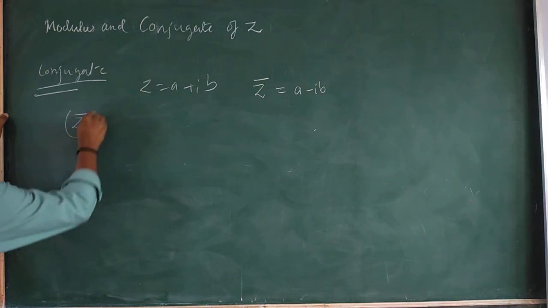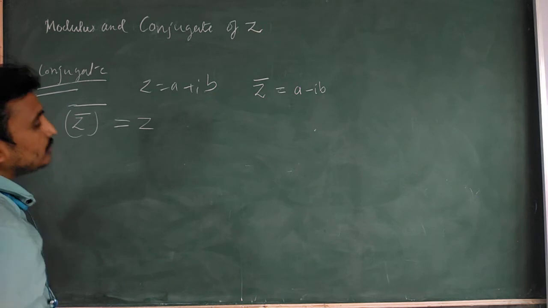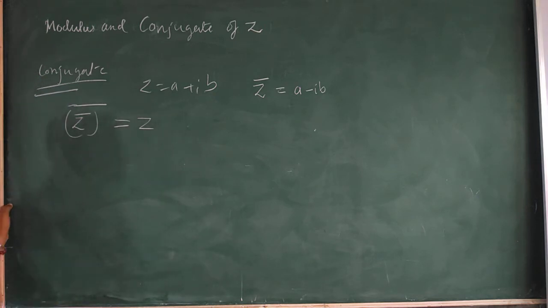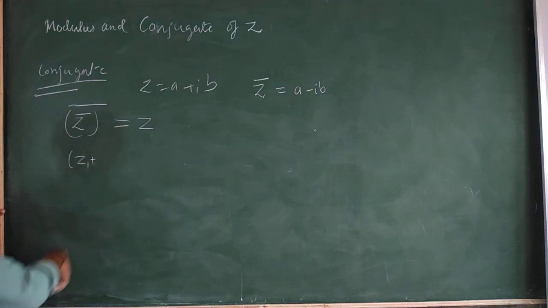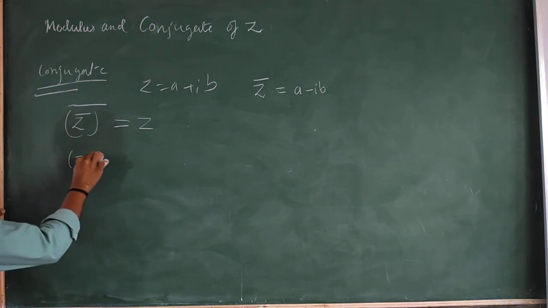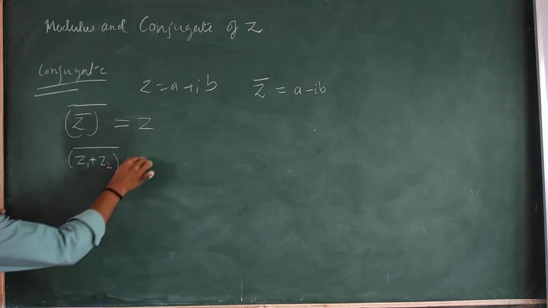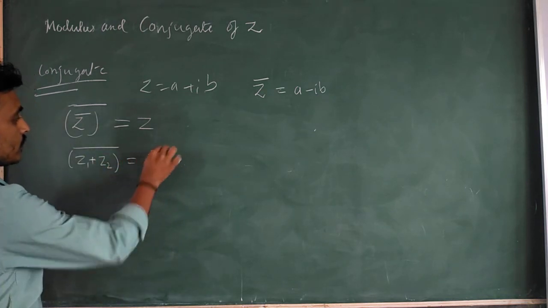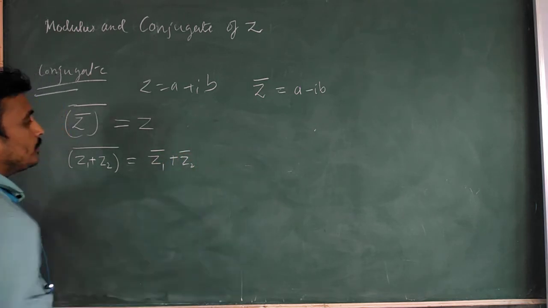Next, the properties. Z bar whole bar is equal to z; the conjugate of the conjugate is z. Next, for two complex numbers z1 and z2, z1 plus z2 whole conjugate equals z1 bar plus z2 bar.